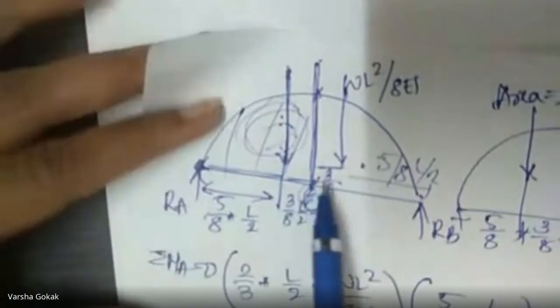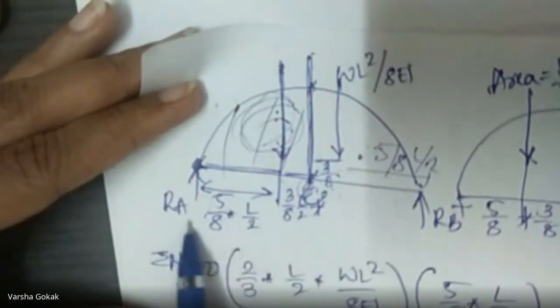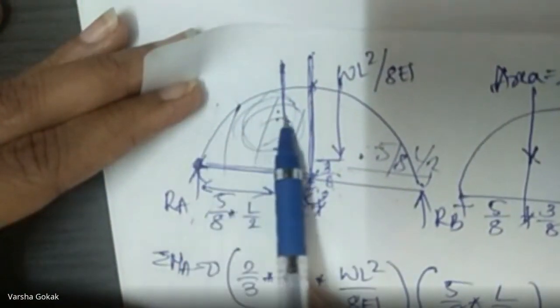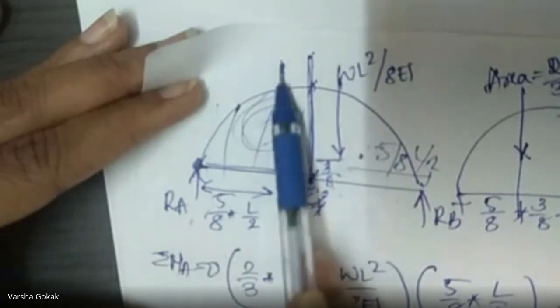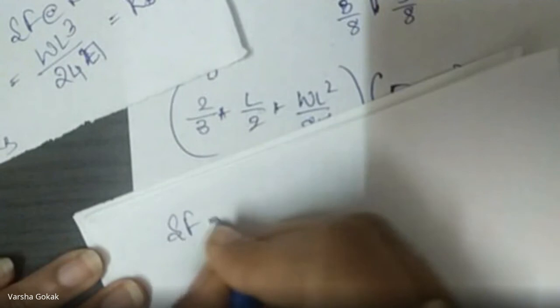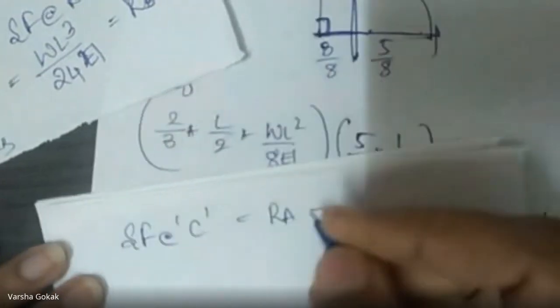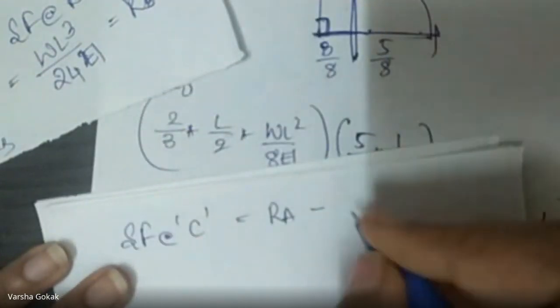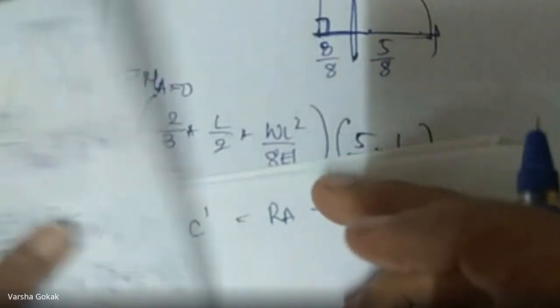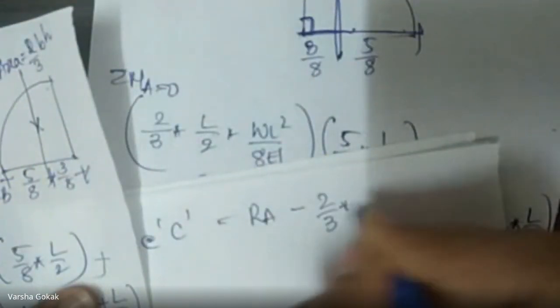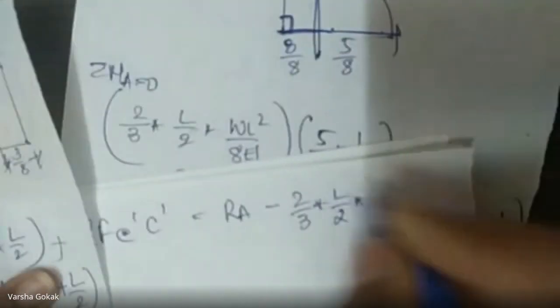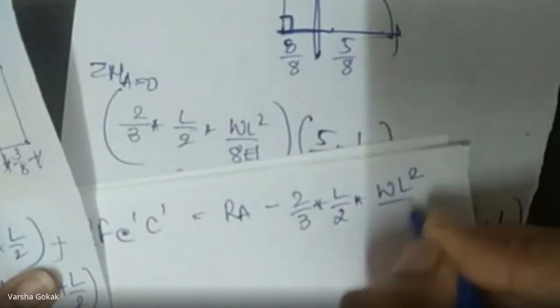So same principle, if they ask you to find the shear force at C, RA, nothing till here, and then minus area of this. So if you want to calculate the shear force at C, that is going to be RA minus the area of that cubic parabola, that is 2/3 base L by 2, height is W L square by 8 EI.